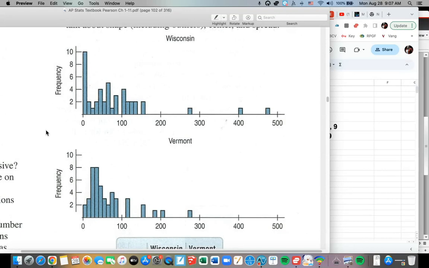Then for shape, we're looking at different words. Usually we focus on whether it is symmetric or not symmetric, skewed or not. Then we want to focus on whether it is uniform, which would just mean that it's flat, or is it unimodal, or bimodal with two modes. So usually it's about, first of all, is it symmetric or skewed, and then what kind of overall shape does it have?